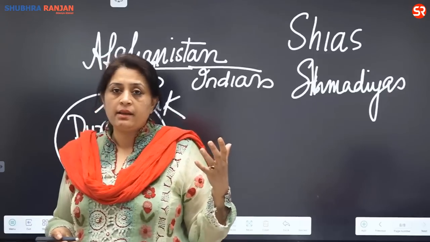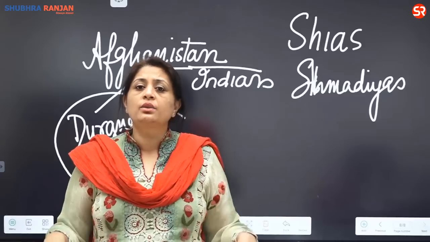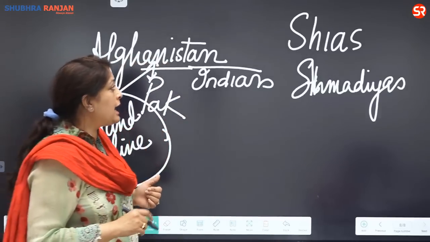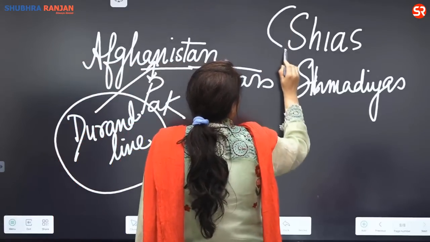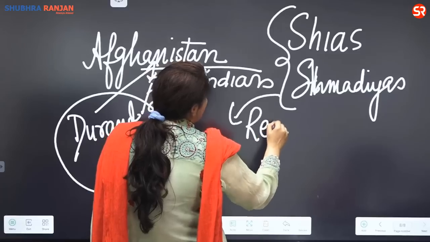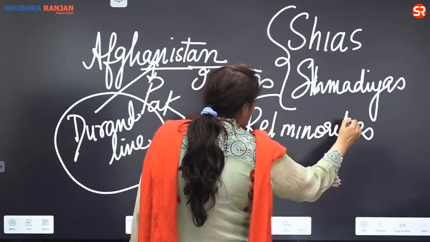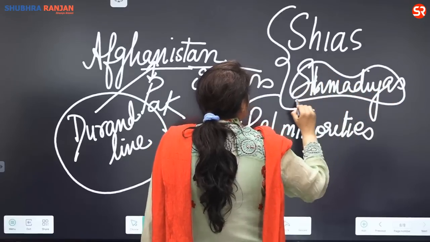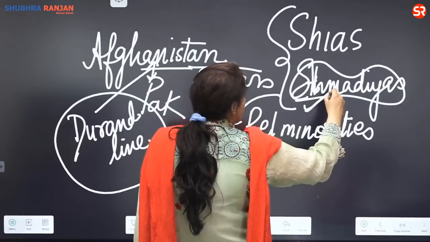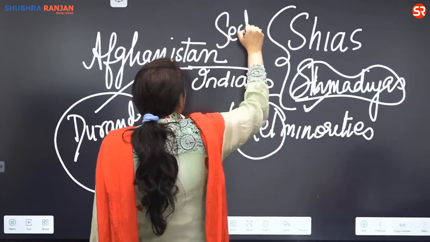So Shias and Ahmadiyas, they can seek citizenship under the regular process of registration or naturalization, and Shias and Ahmadiyas, they are not the religious minorities. Though now the Pakistani laws very lately recognize Ahmadiyas as a minority, but they are not religious minorities, they are sectarian minorities.